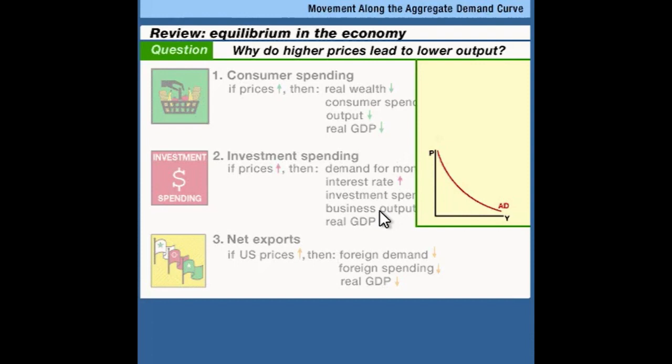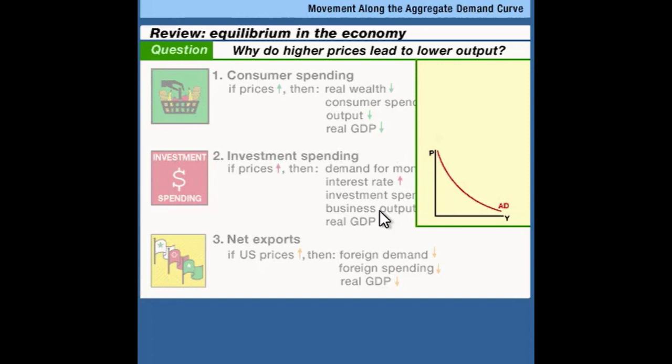Businesses, because of the increased demand for money, see interest rates rising and they buy less. And foreigners see that our prices are high relative to the prices in other countries and they buy less. With all three of these reductions in demand, we get a reduction in real gross domestic product in our economy. That's why the aggregate demand curve slopes downwards.